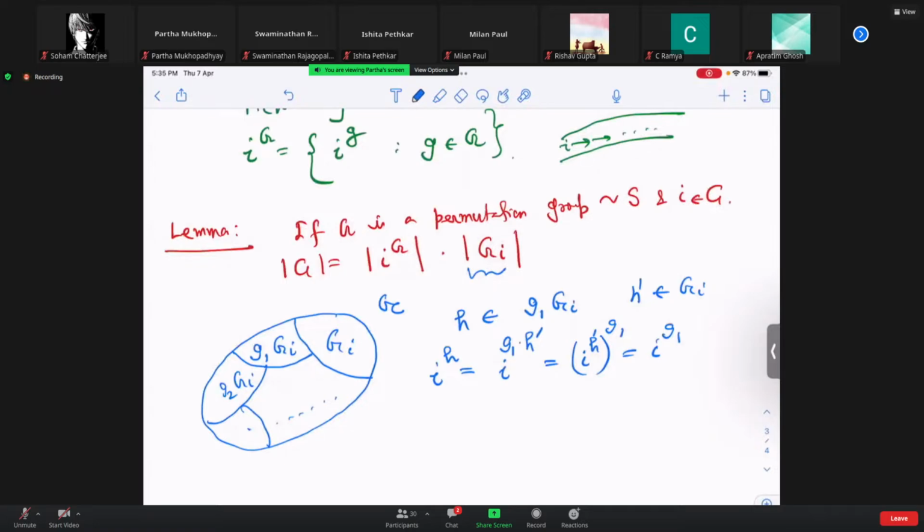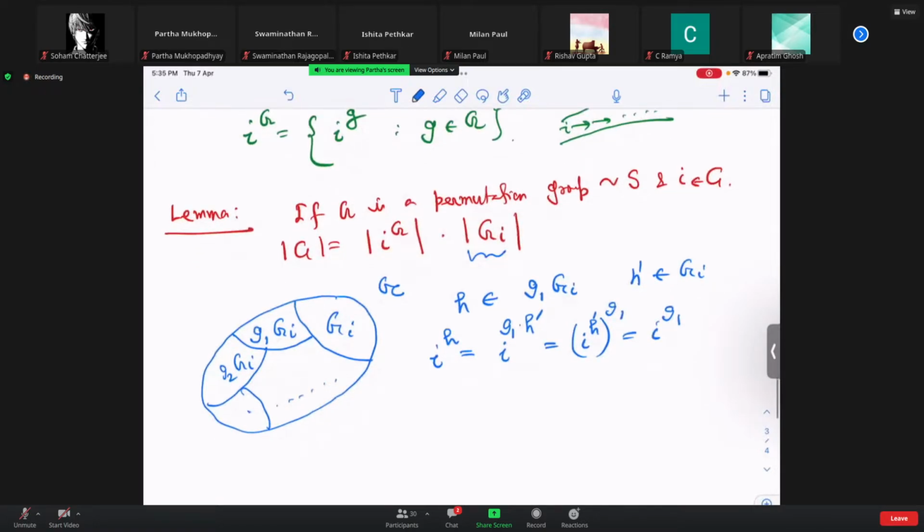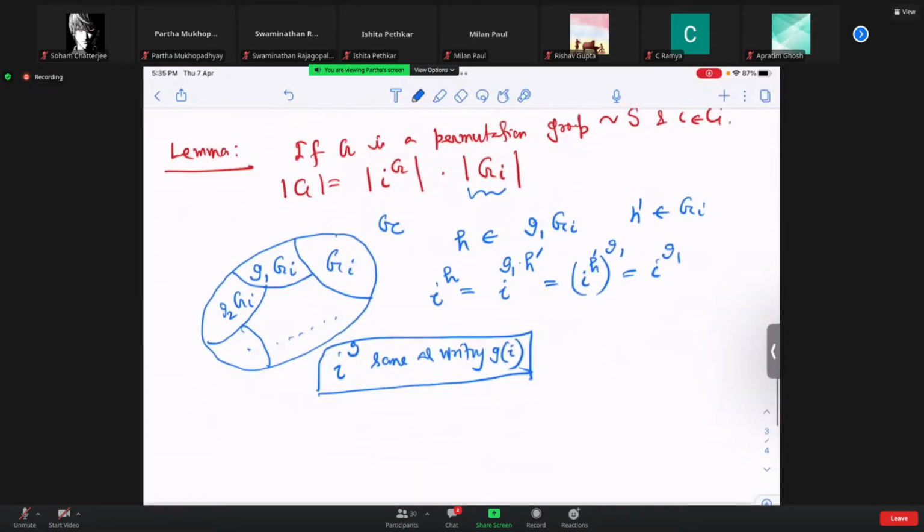And an easy observation is that some people also write this I^G action in a different way; some books simply write G of I, same meaning. Now, if you take two cosets, if G1 I equals G2 I, if they send I to the same place, then what does it mean?